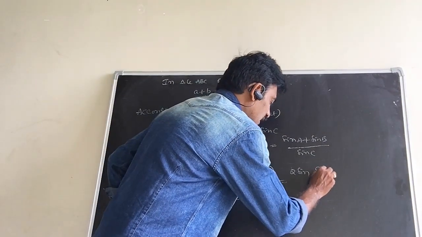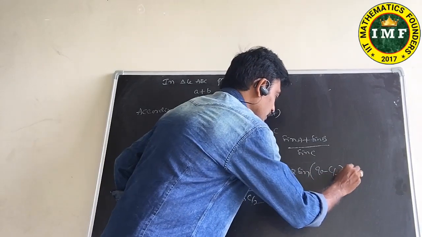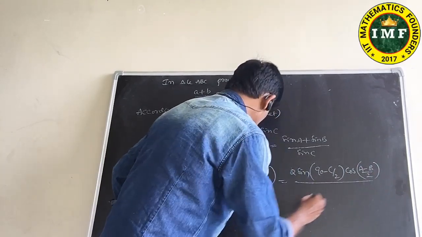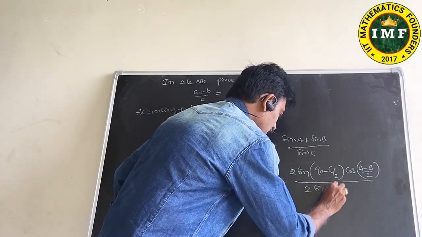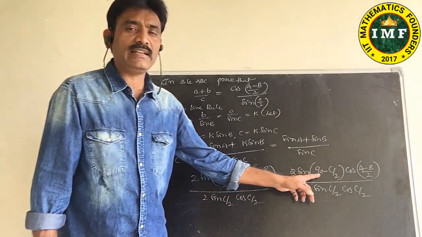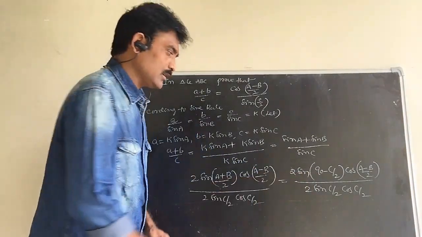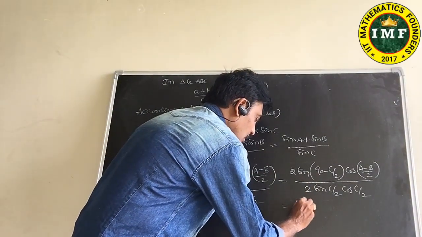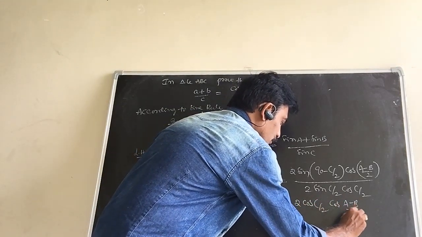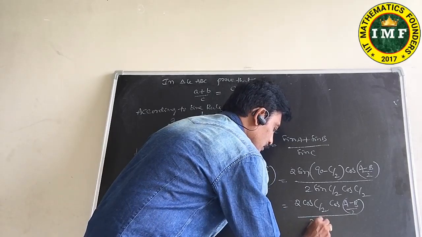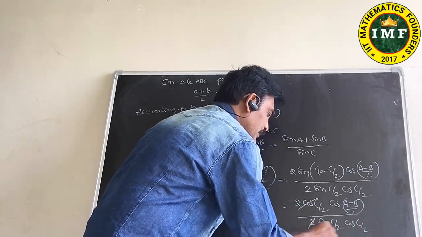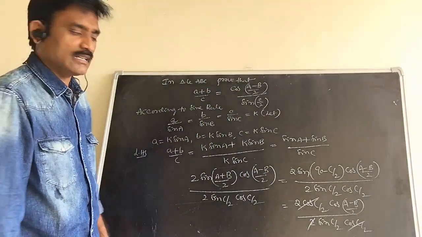So 2 sin (90 minus c by 2) into cos (a minus b) by 2 divided by 2 sin c by 2 cos c by 2. So we know that at 90, sin changes to cos, we can get 2 cos c by 2 cos (a minus b) by 2 divided by 2 sin c by 2 cos c by 2. 2 cos c by 2 and 2 cos c by 2 get cancelled.